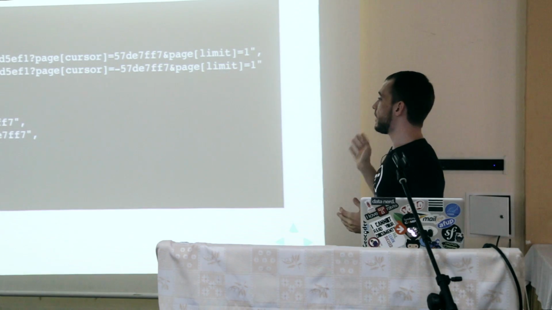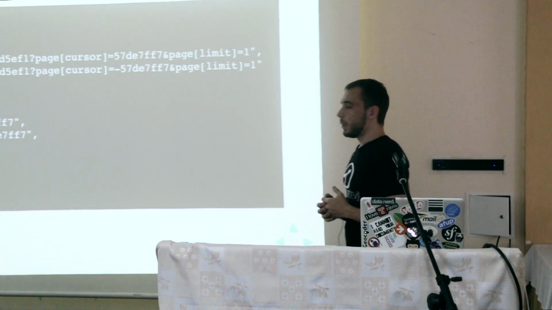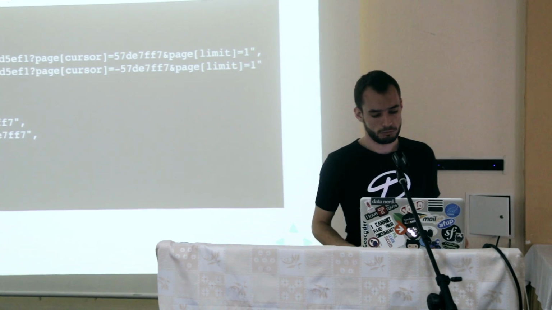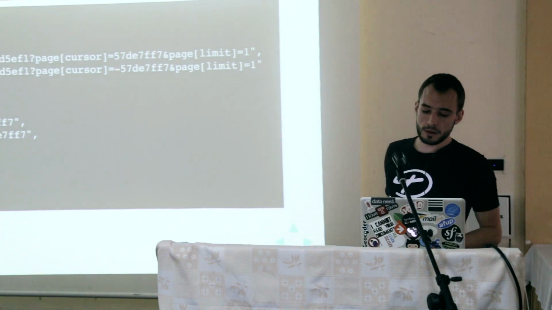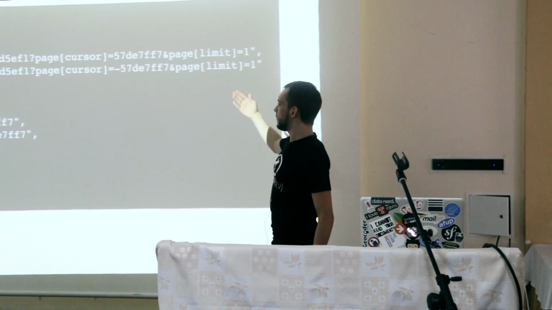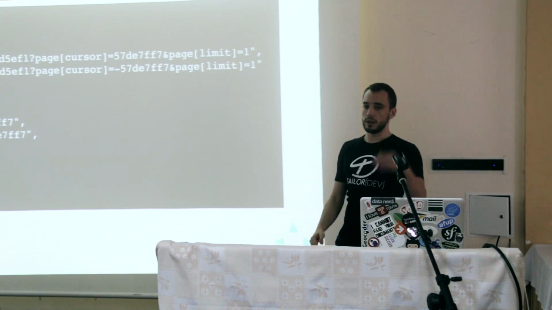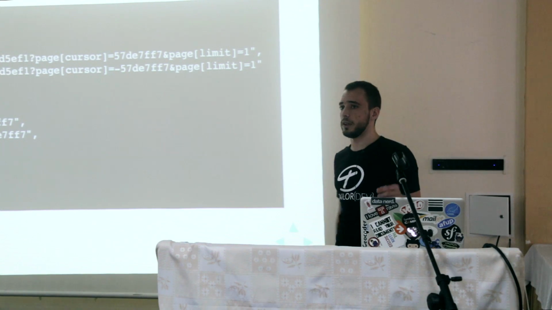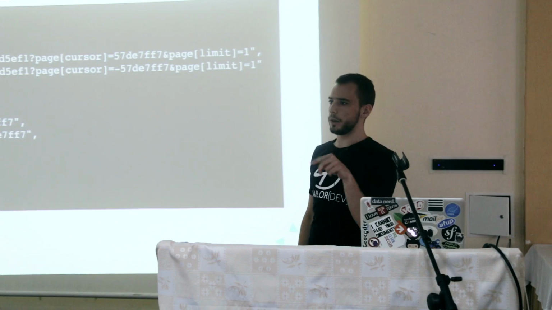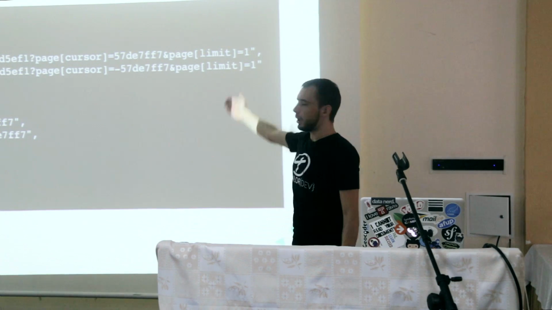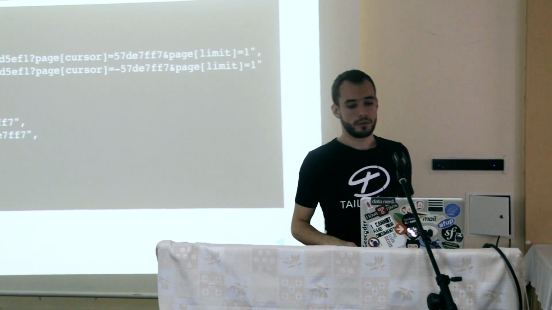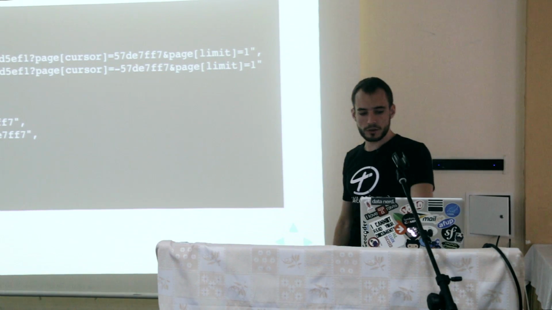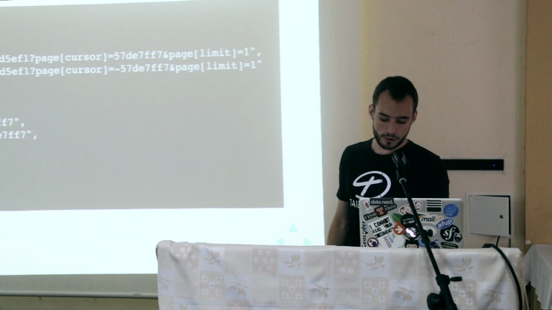So in this case, I put this page object, which describes all the information for the pagination. The cursor-based pagination is based on the MongoDB ID, and in MongoDB, it's just a matter of saying the ID is superior or inferior to an identifier. So it's pretty simple to build such a pagination strategy.